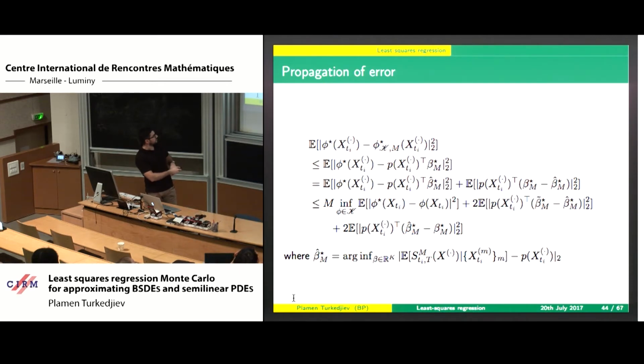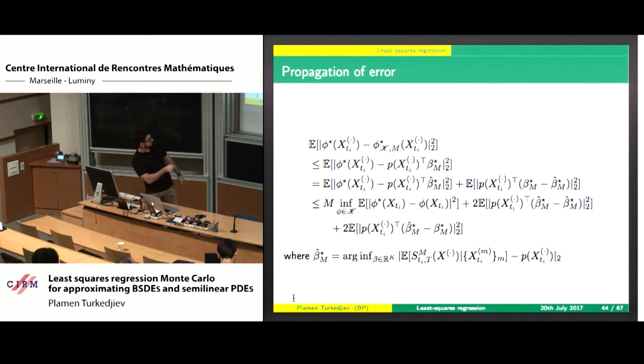Now, in this second inequality here, we've introduced a second coefficient, beta tilde. So sorry, that should be beta tilde there.